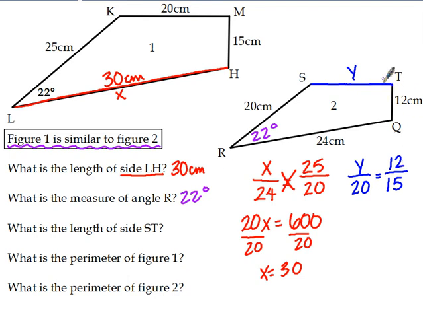So y over 20 equals 12 over 15, and now we'll cross multiply. So 15y is 240. Divide both sides by 15. And y equals 16. So this side will be 16 centimeters.